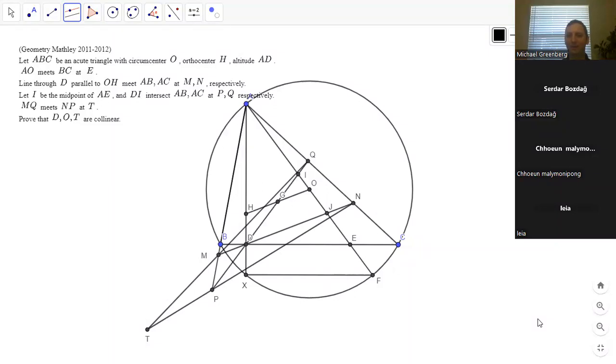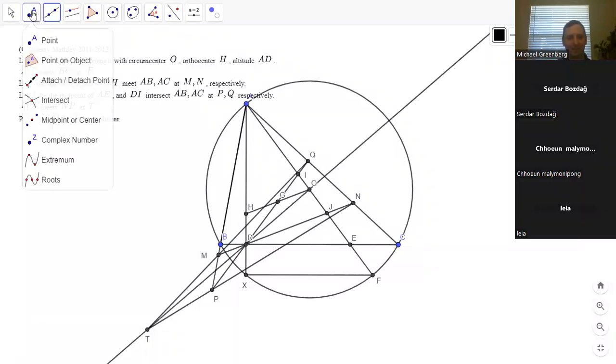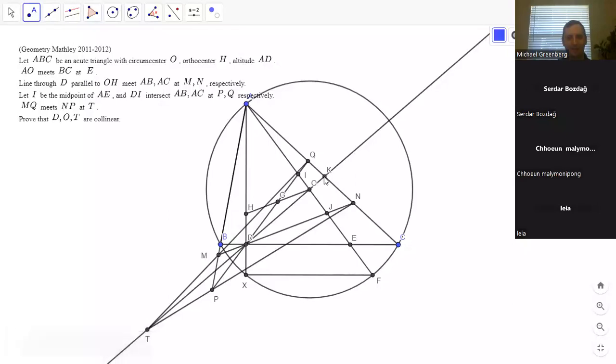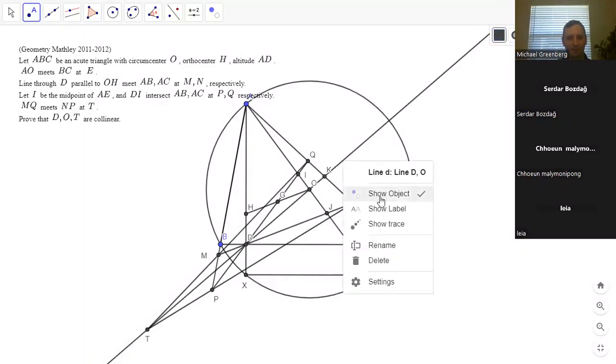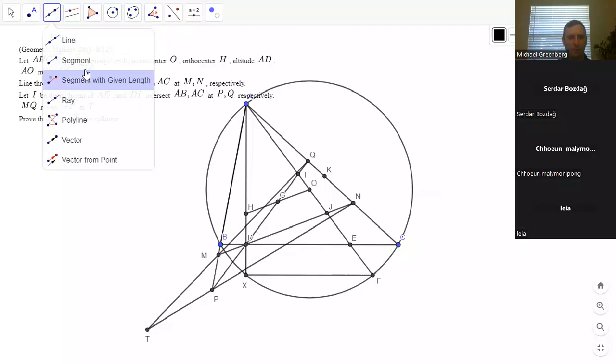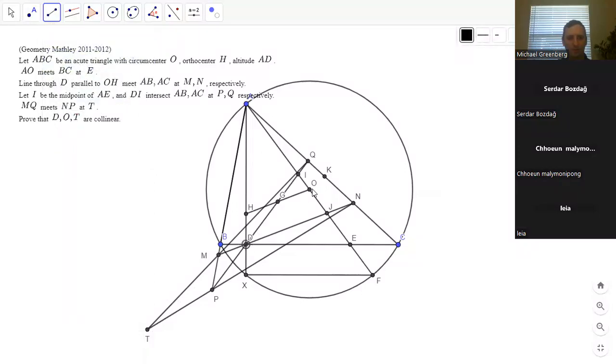I think I might be close. I'm not sure. Can I say something? All right. Can you intersect also DO with AC? Okay. Also assume that ED meets AC at a different point K prime.